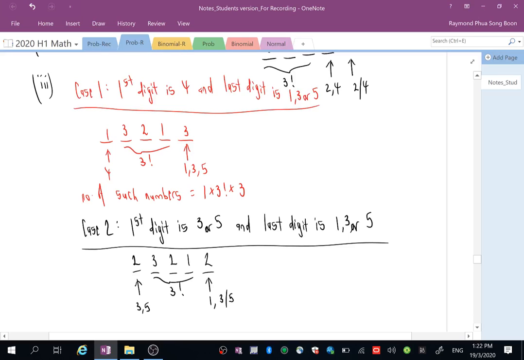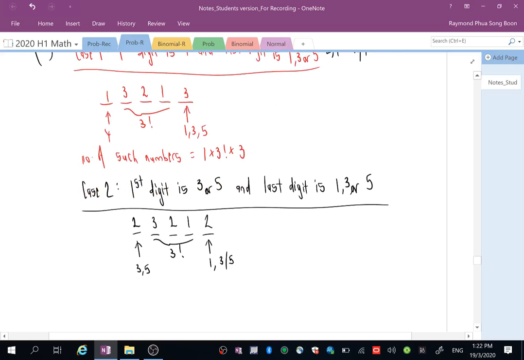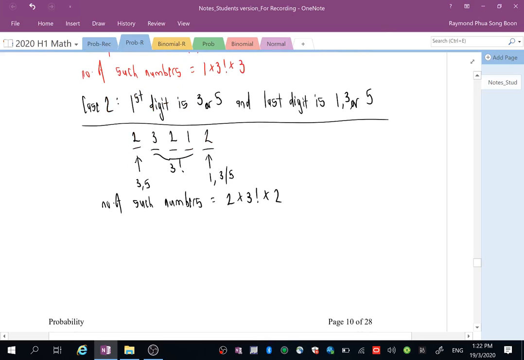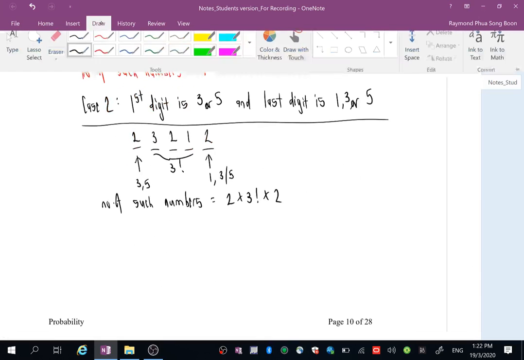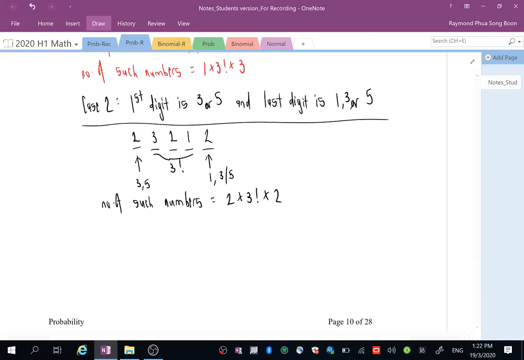So 3 times 2 times 1 is, again, 3 factorial. So how many of such numbers do I have in case 2? It will be 2 times 3 factorial times 2.